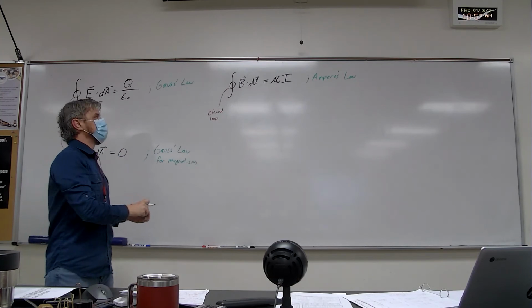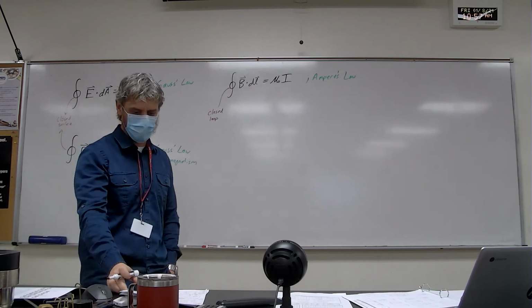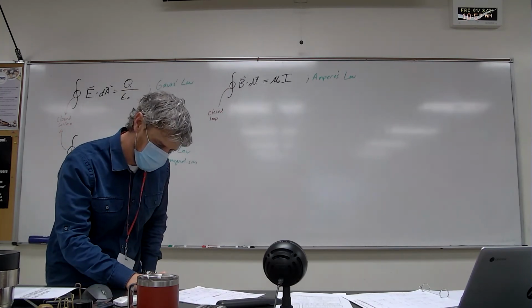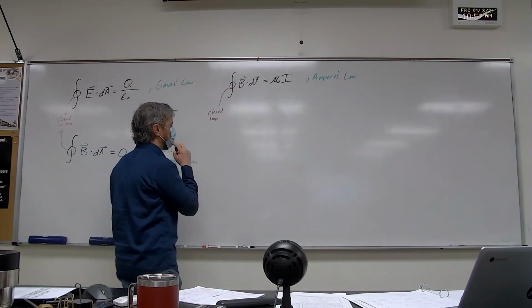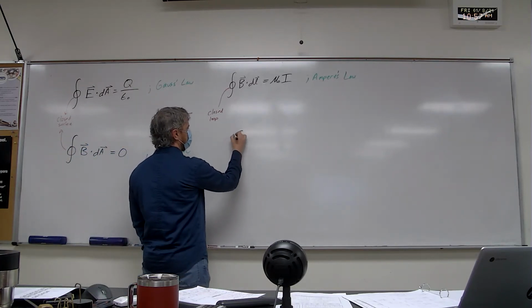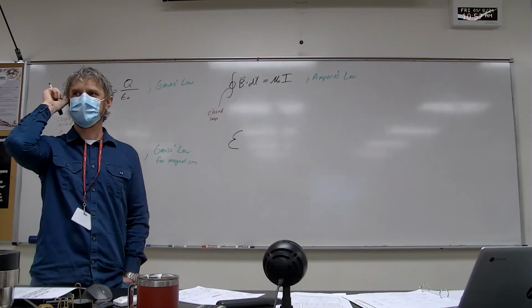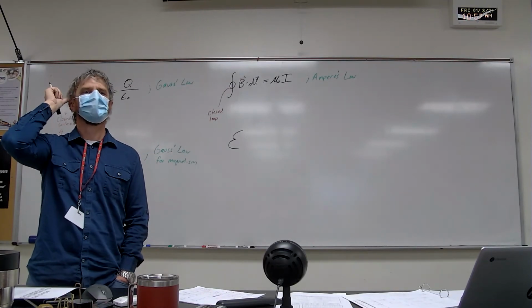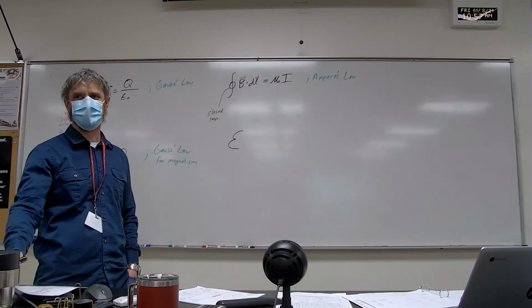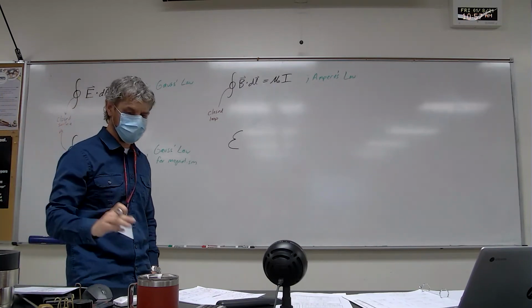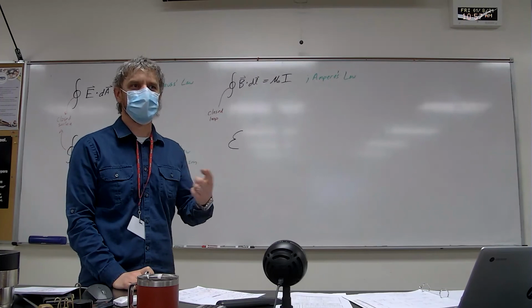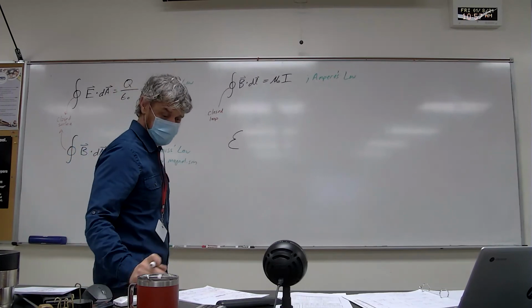And then we culminate at the end of the class with Faraday's law, which says that the induced EMF, the electromotive force, which is not a force, that's a misnomer, unfortunately, but the name stuck, is the induced voltage, or the induced electric potential difference.